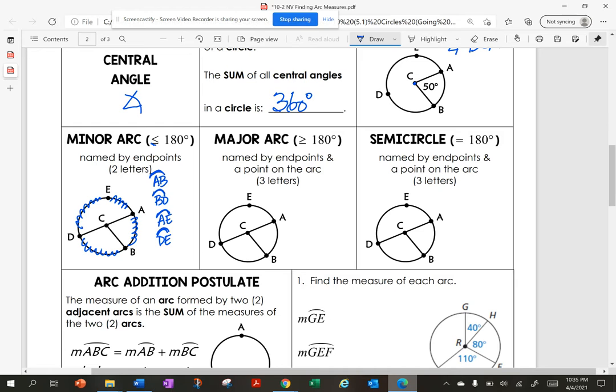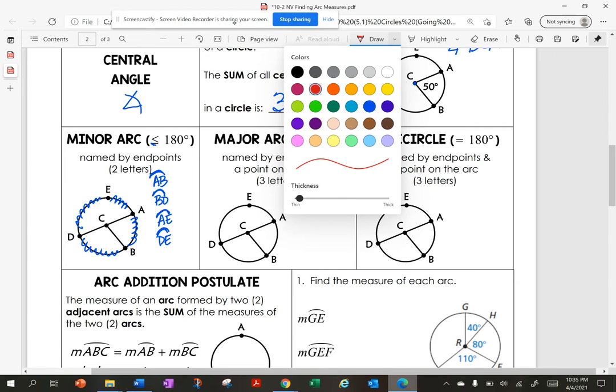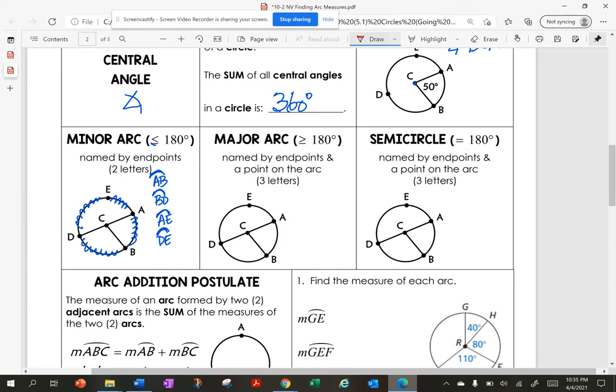Okay, a major arc is greater than or equal to 180 degrees. So these I name with three letters, and I go in the order of the letters. So one arc is going to be arc EAD. So this is greater than 180 degrees. So this is arc EAD.